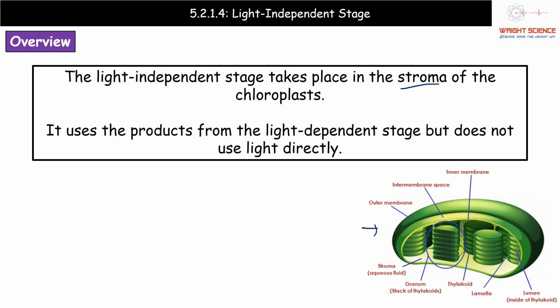That isn't to say it's not affected by light, because it does use the products from the light dependent stage. So without light, it couldn't happen, but it doesn't use light itself directly. So hence light independent.